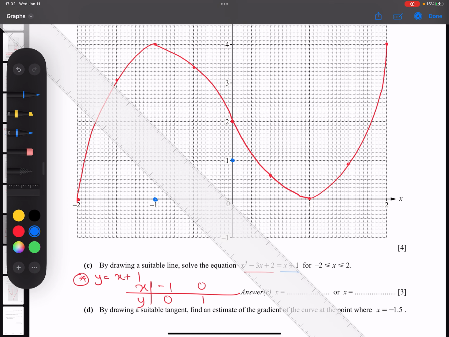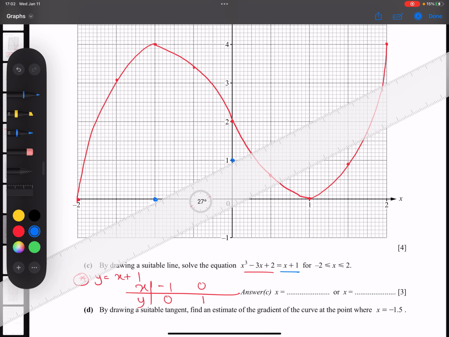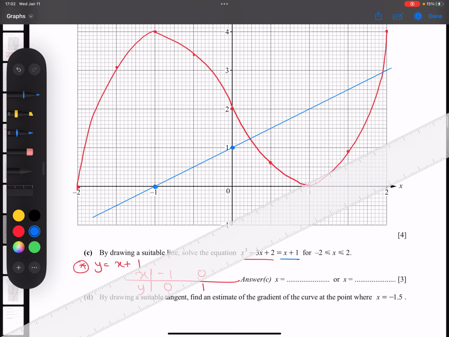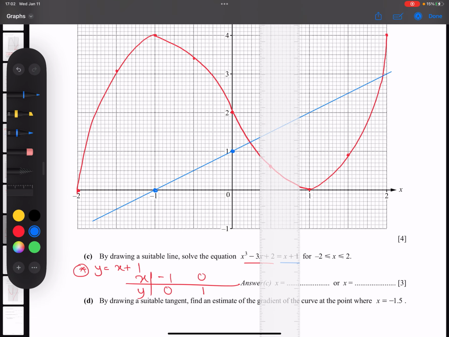So you take your ruler, you draw your straight line, and your straight line is going to intersect, because we have two solutions, at 2 points. So I'm going to draw the straight line all over here. Now, after drawing the straight line, you take your answers from the points of intersection.